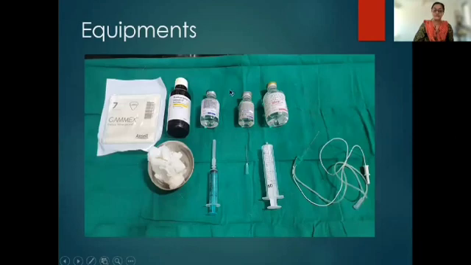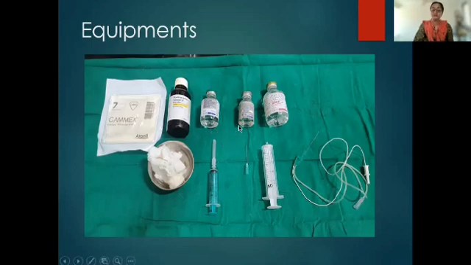What are the equipments? Sterile gloves, sterile gauzes, povidone iodine or chlorhexidine for skin preparation, 2% xylocaine plain for local infiltration, because you are going to use blunt needles. It will be very painful, therefore better to give local.